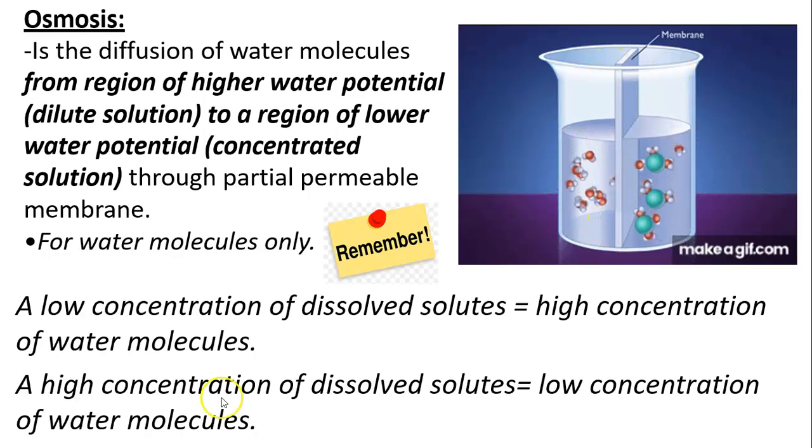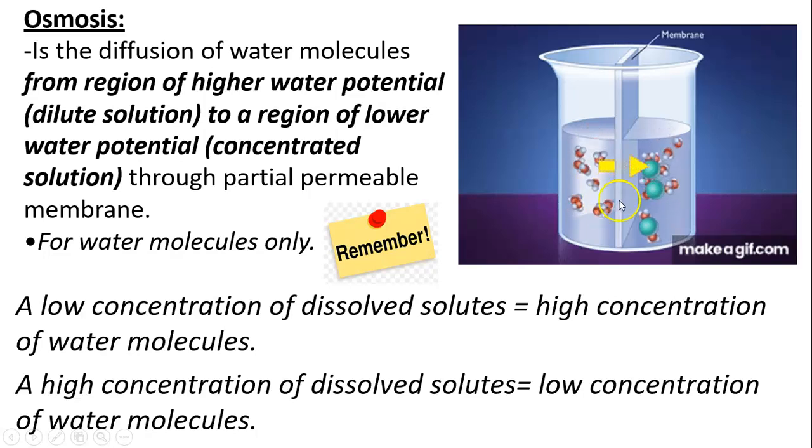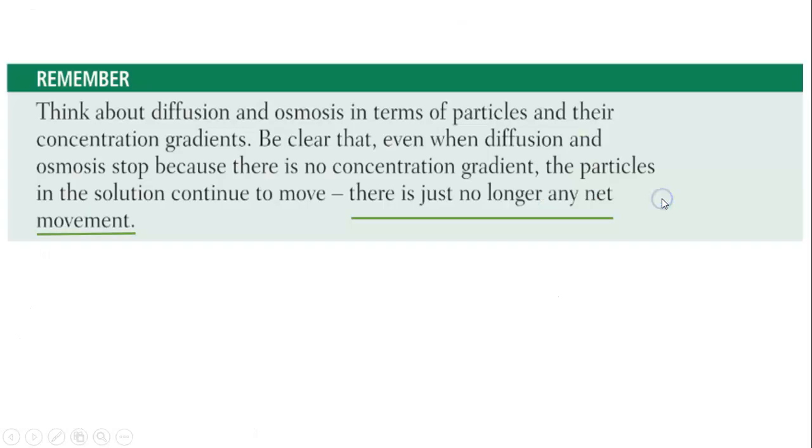So water molecules, through a semi-permeable membrane, will move from the high potential to the low potential, which means from the dilute solution to the concentrated solution. Please remember that in diffusion or osmosis, when we reach equilibrium, this does not mean that the particles will stop moving at all.